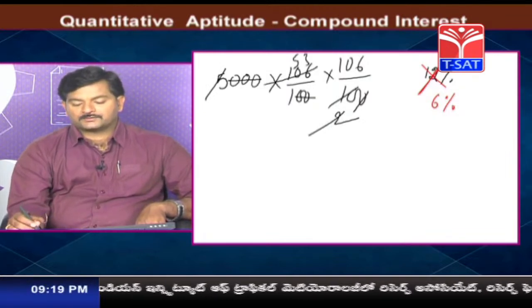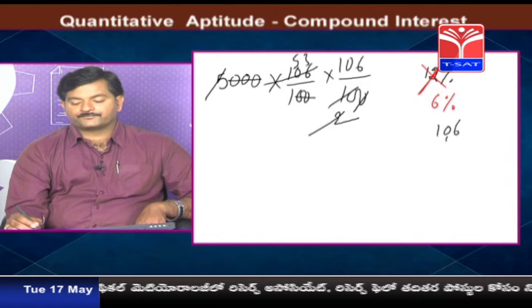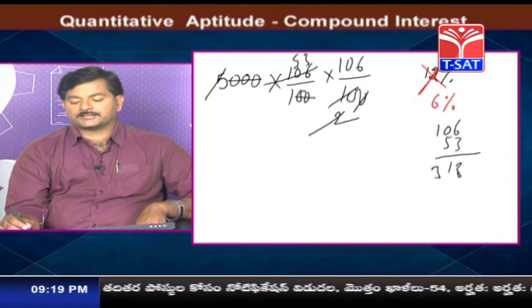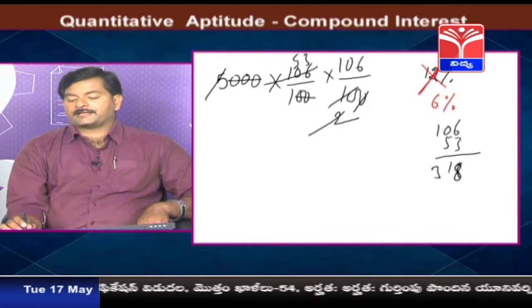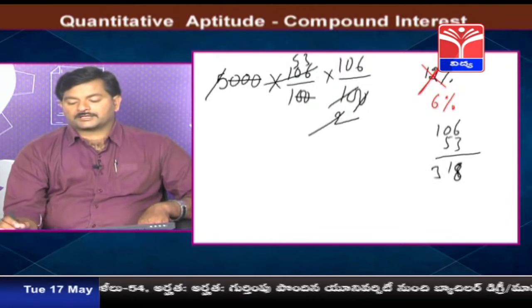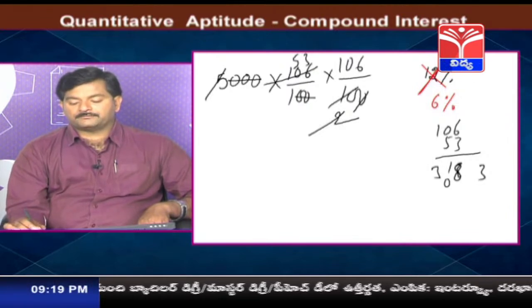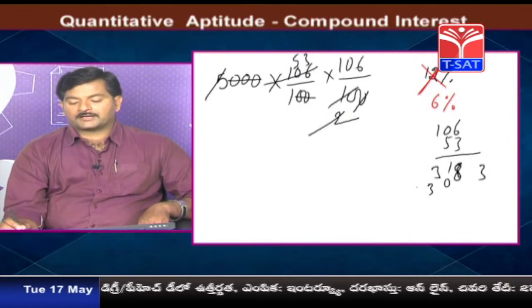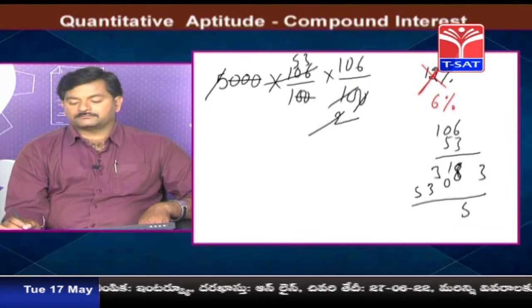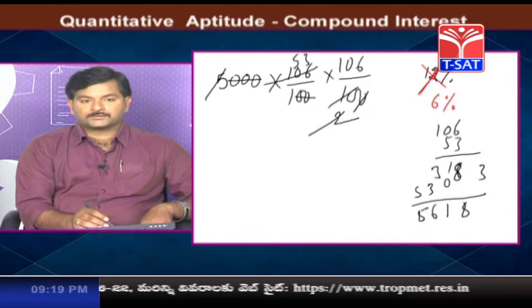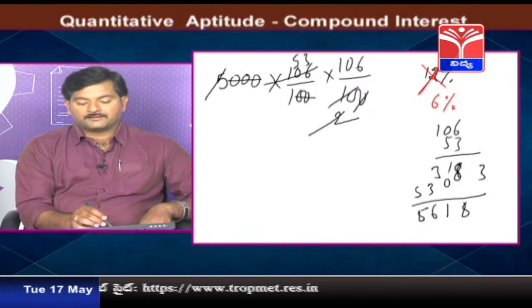So 106 into 53. 3 sixes are 18, so 30. Again 3 fives, what am I getting? 8 1 6 5.